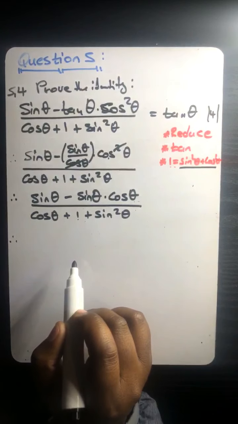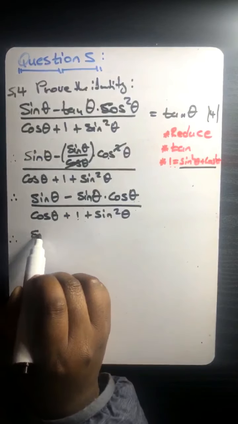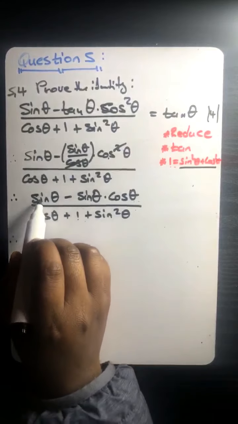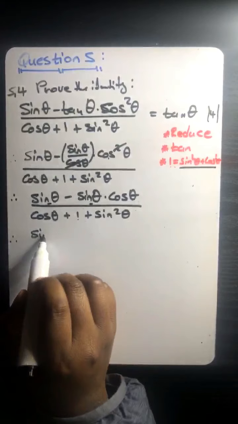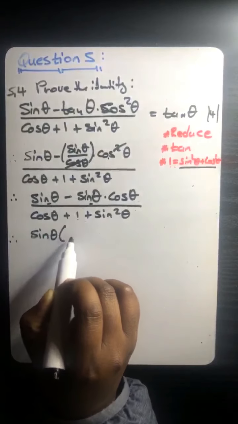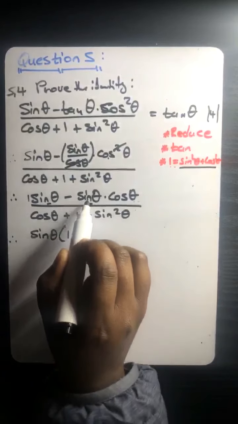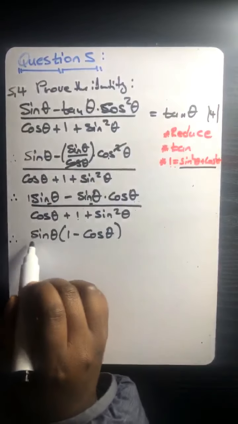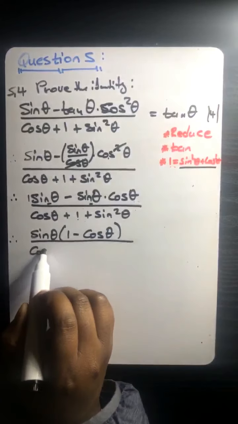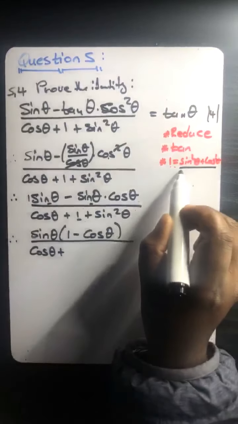If it doesn't work out, we'll try to work it out in reverse. Let's see. So obviously, here at the top, can we just not take out sine as common factor? If we take it out as common factor, we have that invisible 1 there minus. We took out this and then we remain with cos of that angle over a cos of angle plus, remember, 1 we said is that.